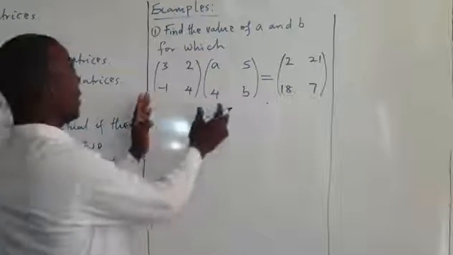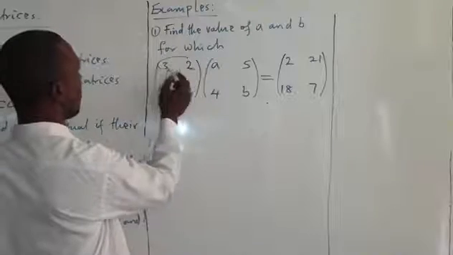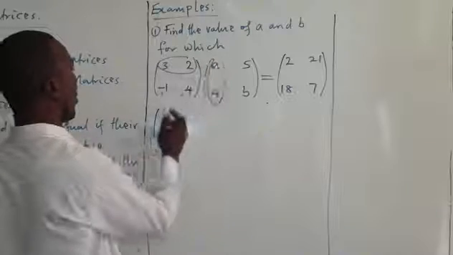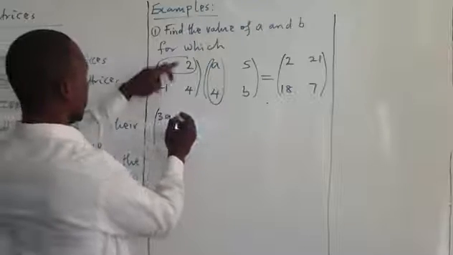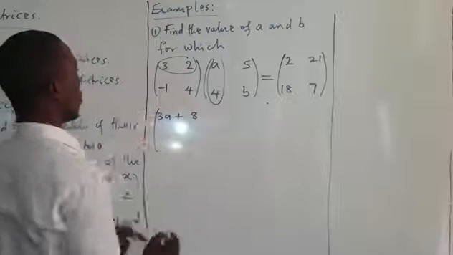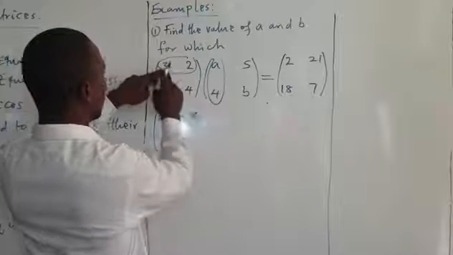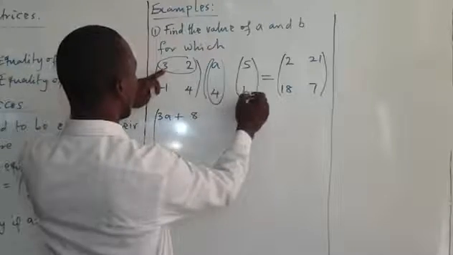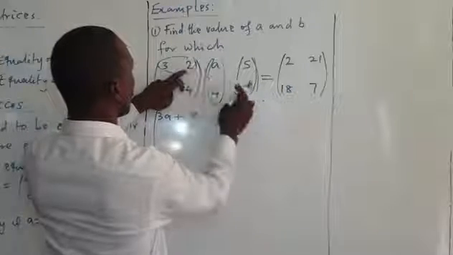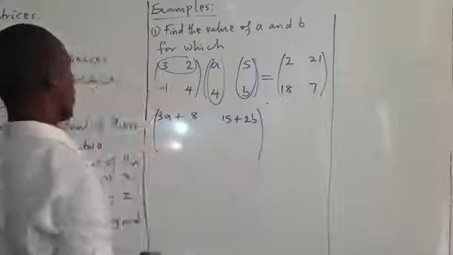To multiply the two matrices, we multiply the first row by the first column. So we have 3 multiplied by a, that's 3a, plus 2 multiplied by 4, that is 8. So we are done with the first element in the first row. Then the second element in the first row, 3 multiplied by 5, we have 15, plus 2 multiplied by b, that's 2b. So we are done with the first row.